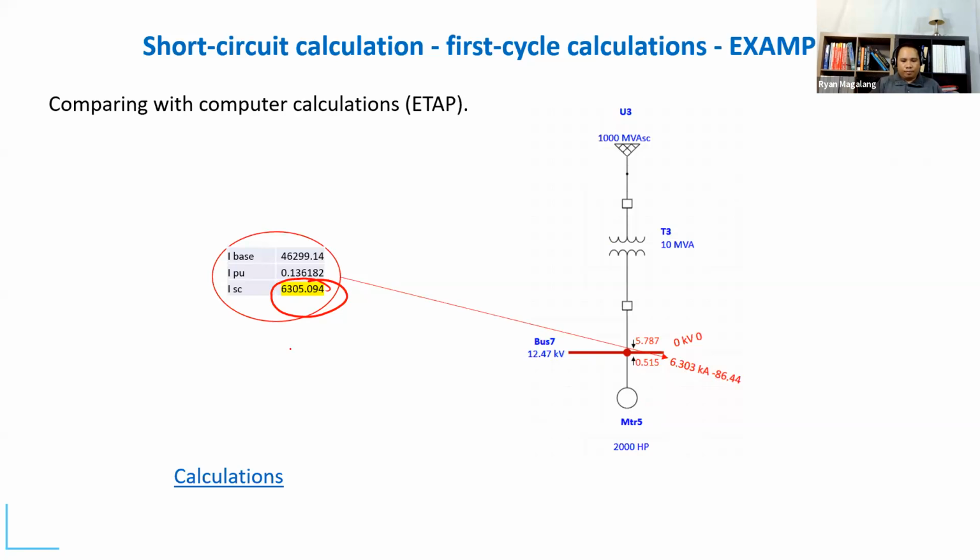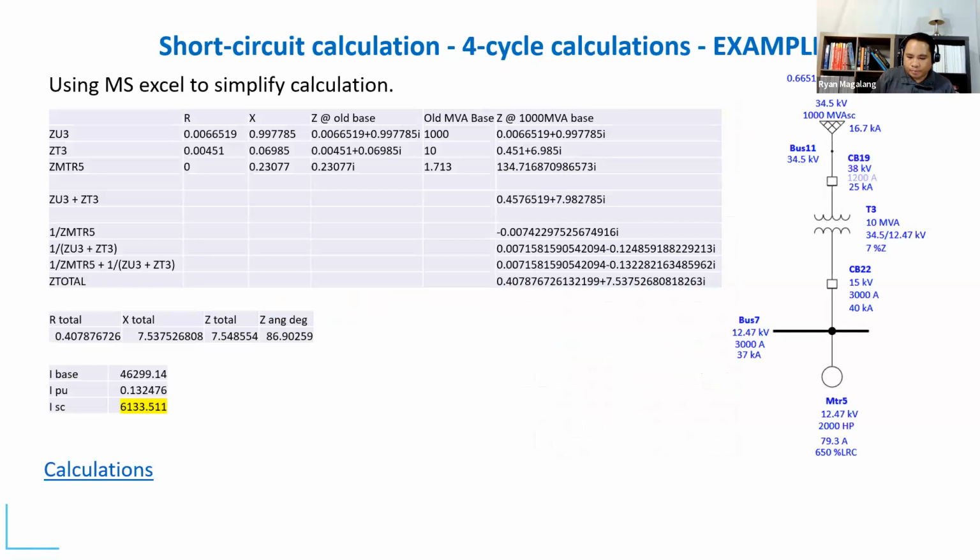So that's good enough. 3 amps is not a big deal out of 6,000 amps. So that's how we do the calculation that involves per unit transformation. So that's for the half cycle.